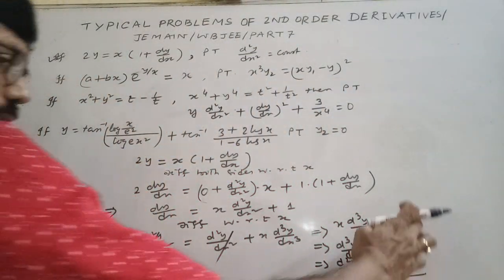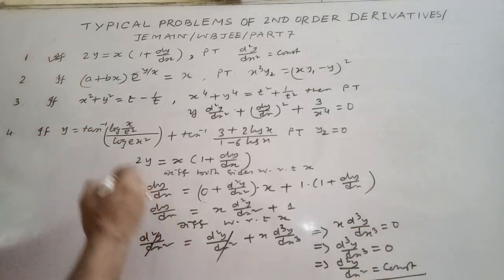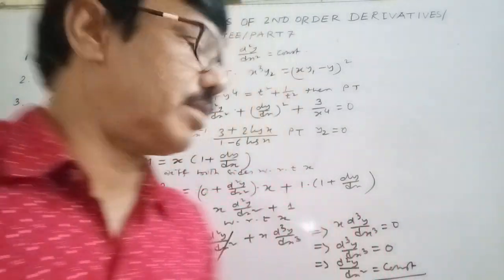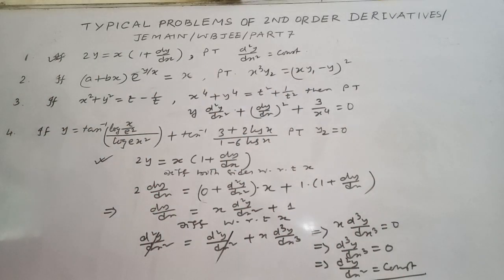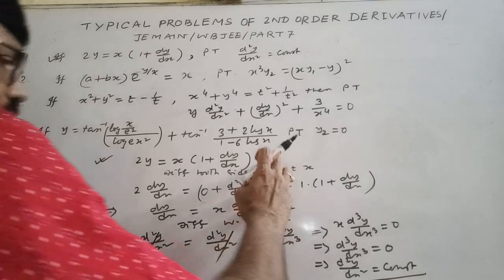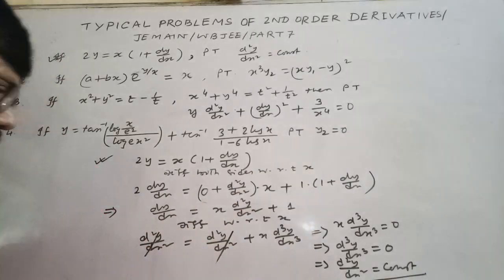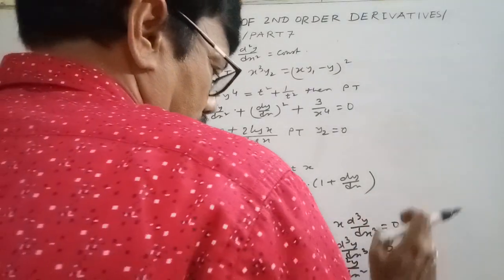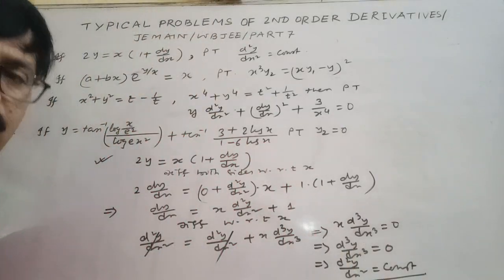So this is a simple problem. Now look at it again. It is a relation between y, x and dy/dx. So we differentiate it and we get a relation. Then differentiating again with respect to x, this one is cancelled, the triple derivative is 0, therefore the second derivative is constant.